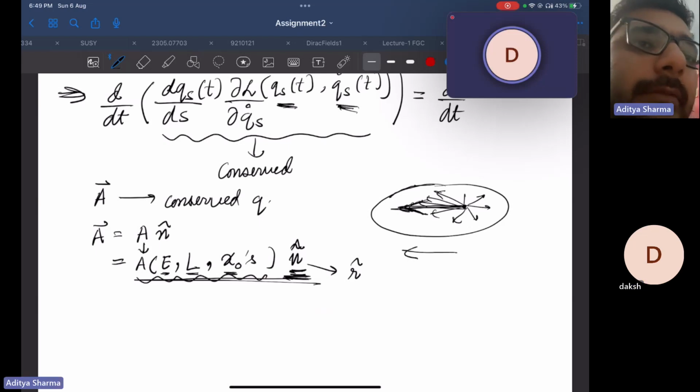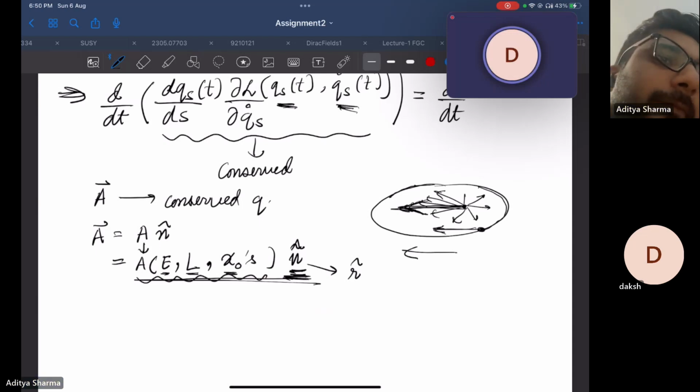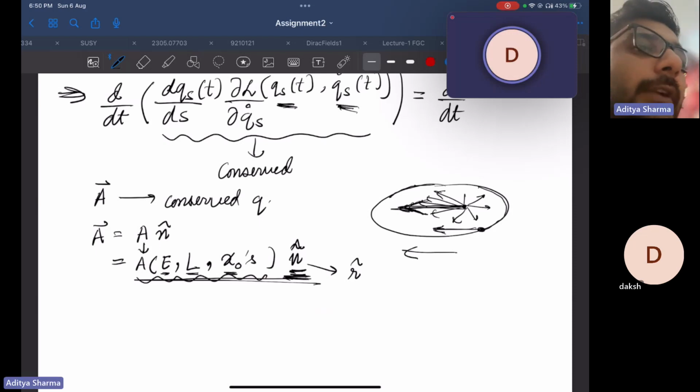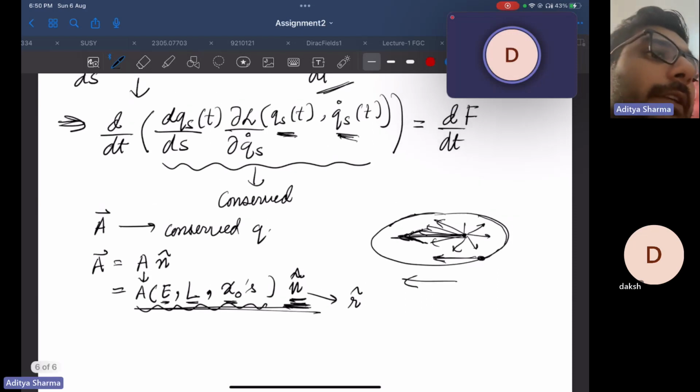If the particle is moving like this, the LRL vector will always be in this direction only. The magnitude may change, but it's always this direction. Okay, that is what he meant. But that is an example of dynamical symmetry. That is not an explanation of dynamical symmetry.